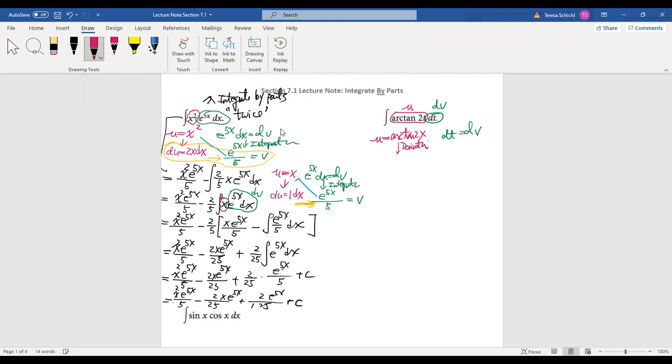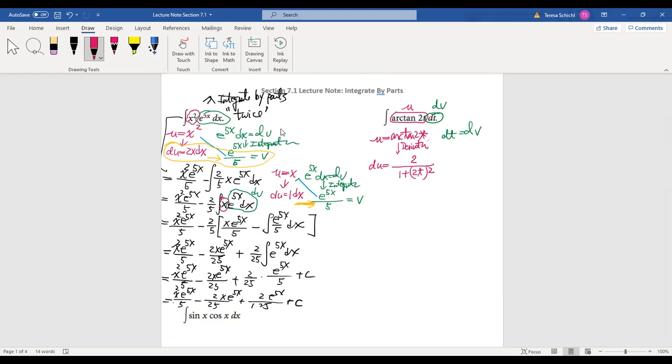And now I need to take the derivative. The purple one, u, we always take the derivative, so u becomes du. What is the arctangent derivative? It will be 1 over 1 plus 2t squared. Don't forget the chain rule: the derivative of 2t is 2.